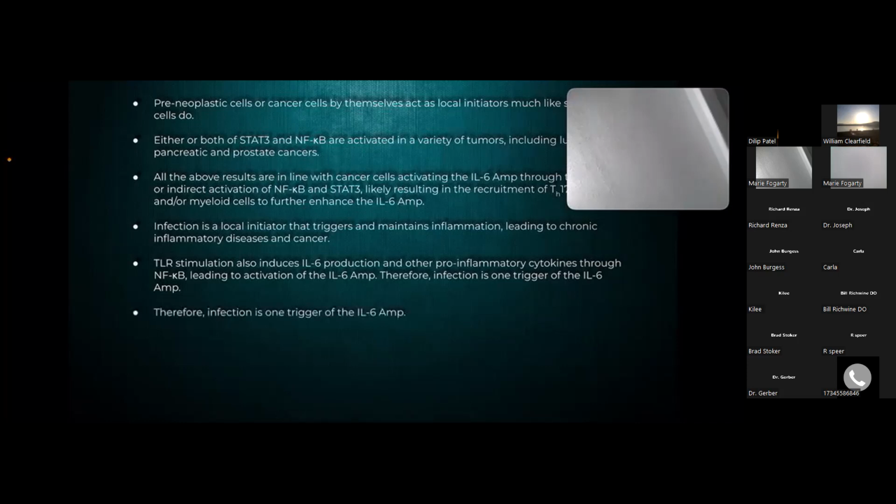Therefore, infection is one trigger, and again, you can see that with COVID, because COVID was also triggering macrophages, from my understanding, directly, because they also do have ACE2 receptors, I believe, or it was the toll-like receptors that somehow were tricked into thinking it was a bacteria.